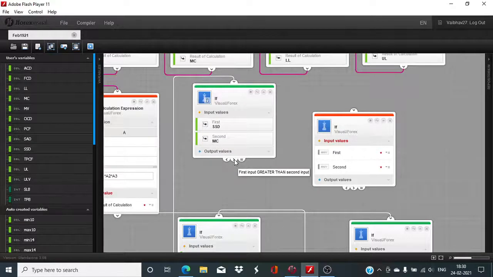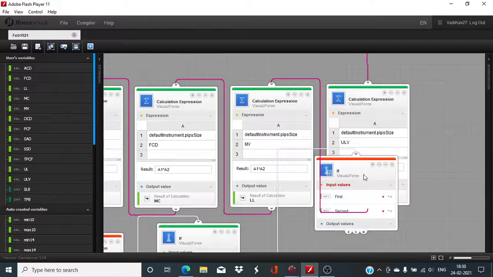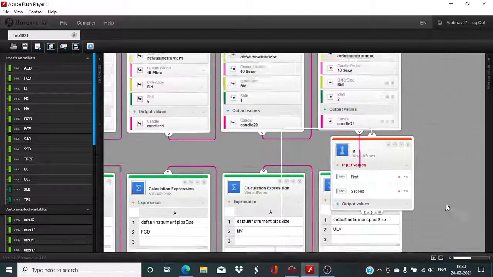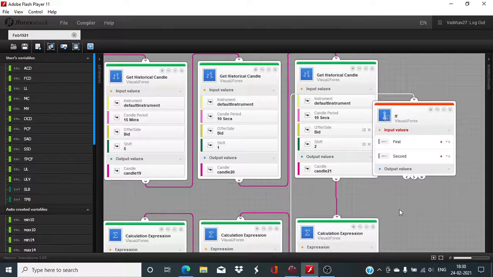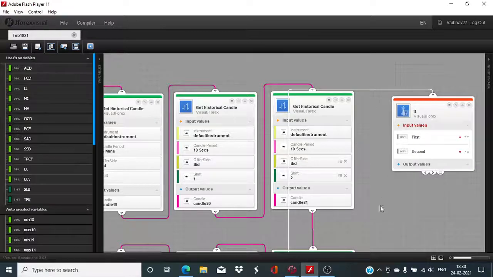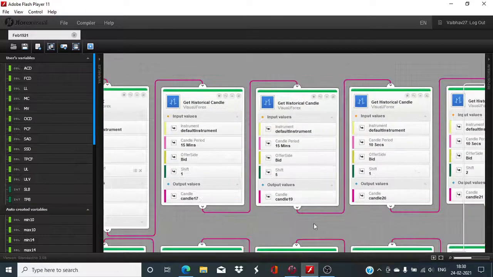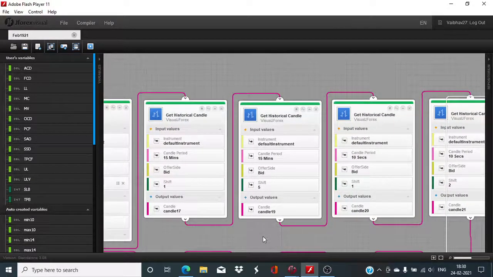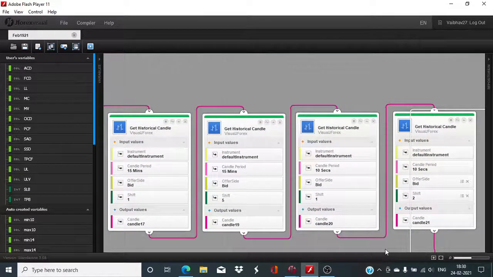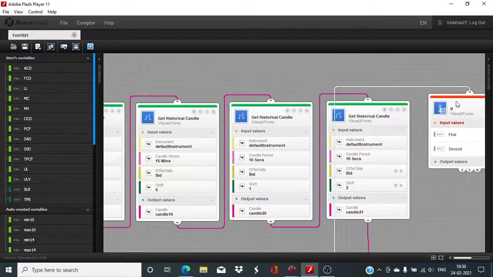This needs to be greater, and then comes the point of the execution, and we need the candle 20 and 21 closing values to be near the candle 17, and candle 21's closing value needs to be higher than candle 17's closing value.